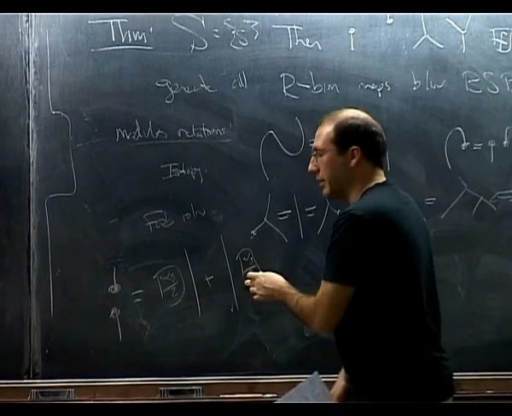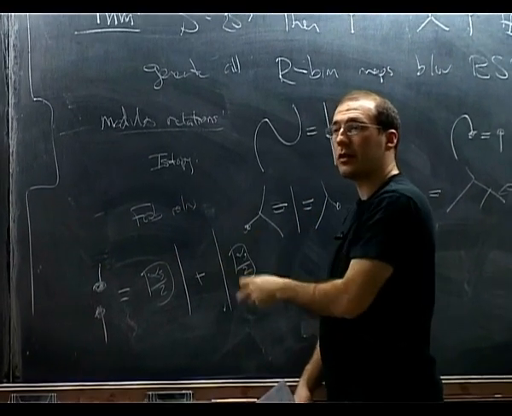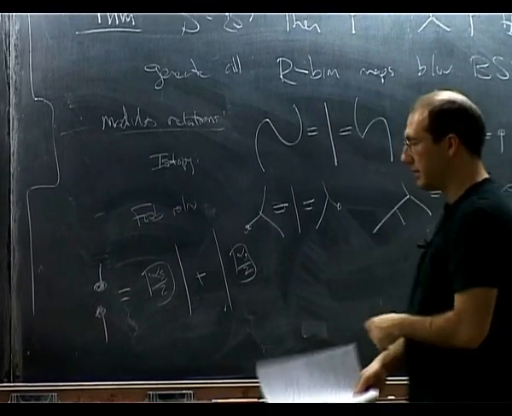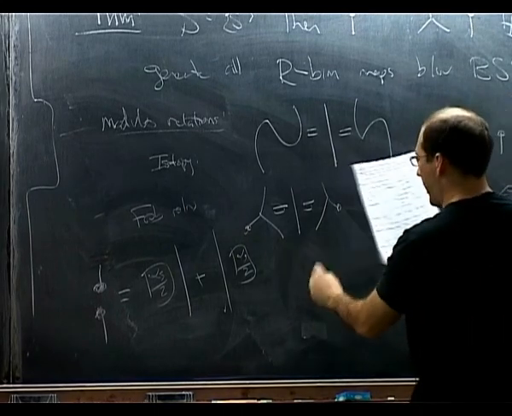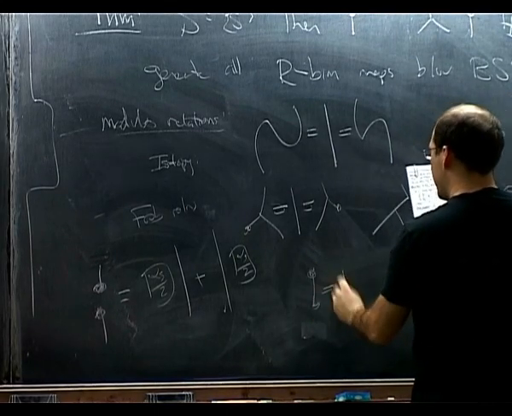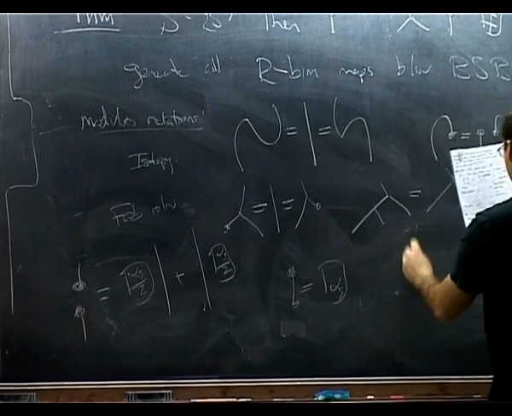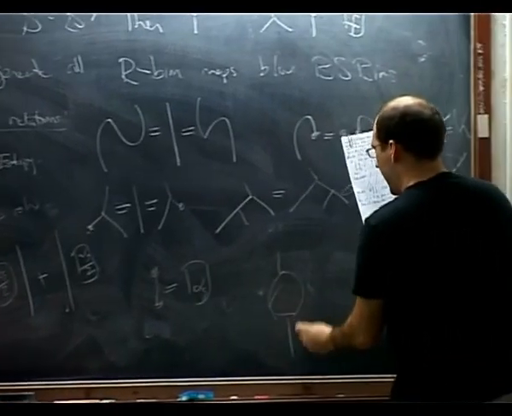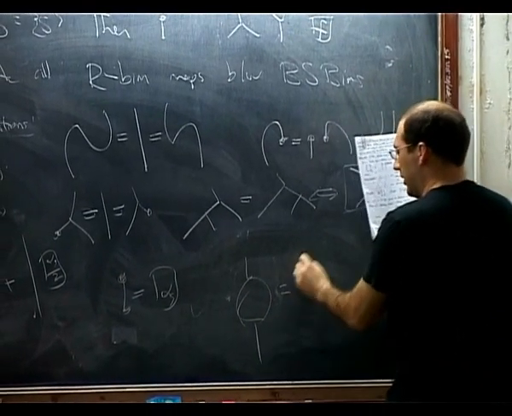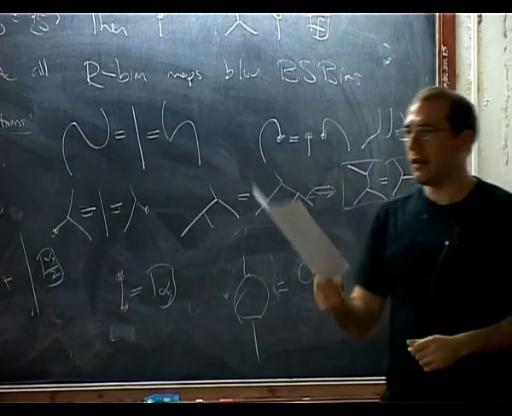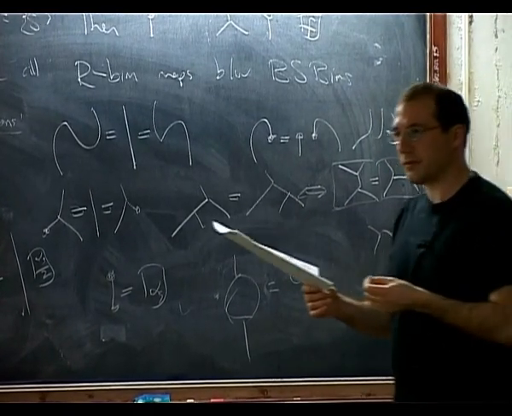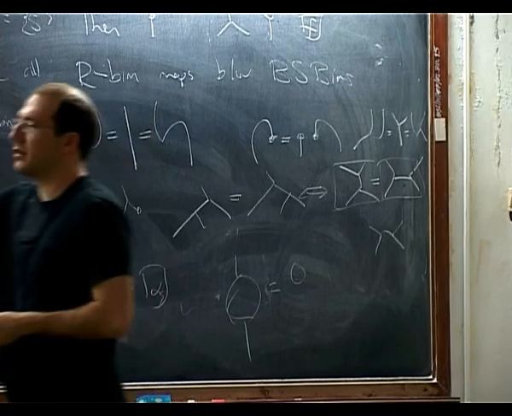This is multiplication by CS. It's alpha S over 2 on the left and alpha S over 2 on the right. Then we have the double dot is alpha S, and we have that the needle is 0. And these imply everything else. For instance, this is a consequence.